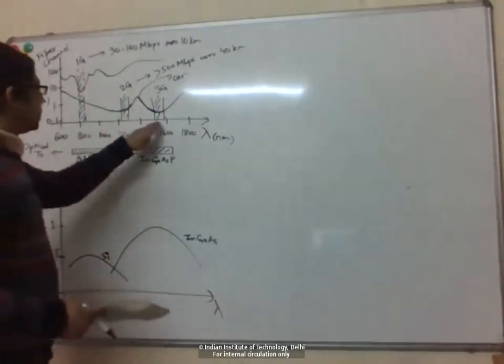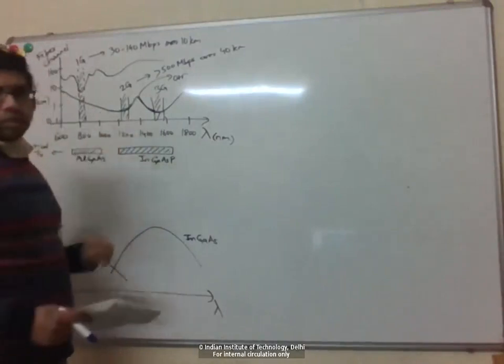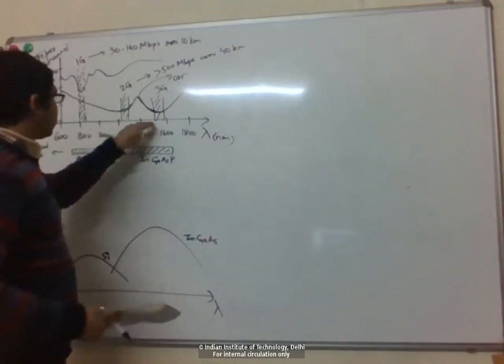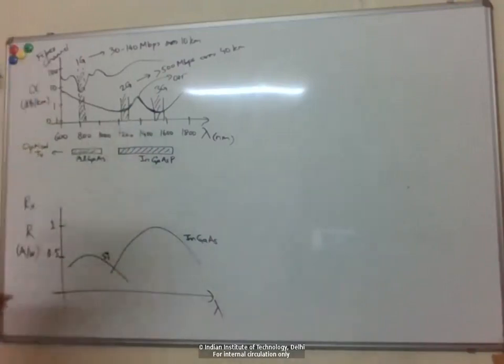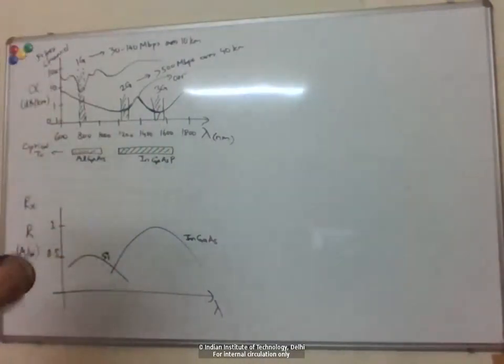Of course now dispersion will be a problem, because the dispersion at 1550 for the usual silica fibers that are used would be higher than at 1300. But then people figured out ways to compensate for dispersion.